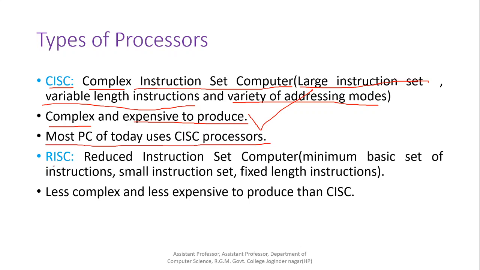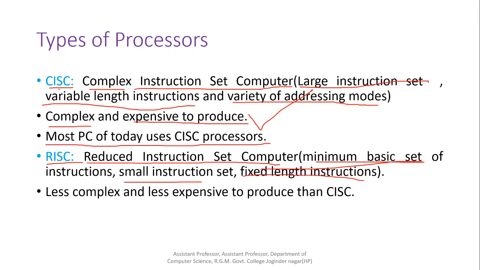The next processor we have is the RISC processor, and the full form of this is reduced instruction set computer. It has a minimum set of instructions. In the case of a complex instruction set computer, we have a very large instruction set, but in the case of RISC we have a very small instruction set, and the length of these instructions is also fixed.